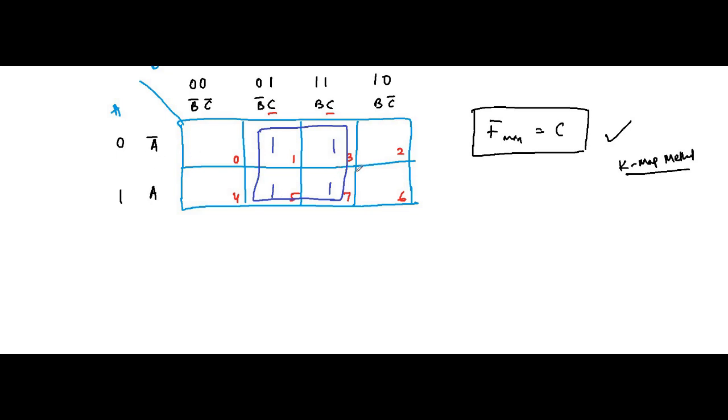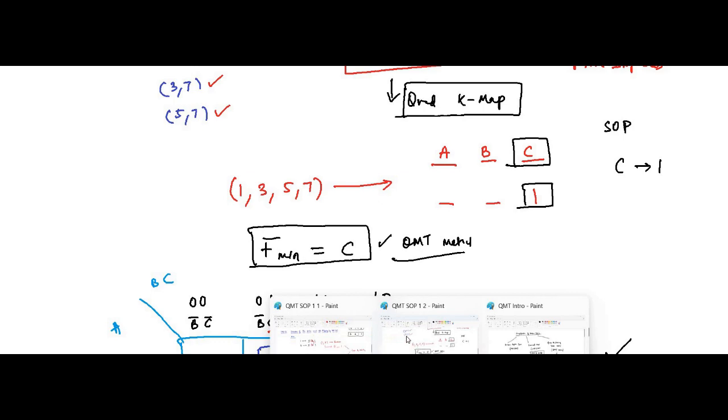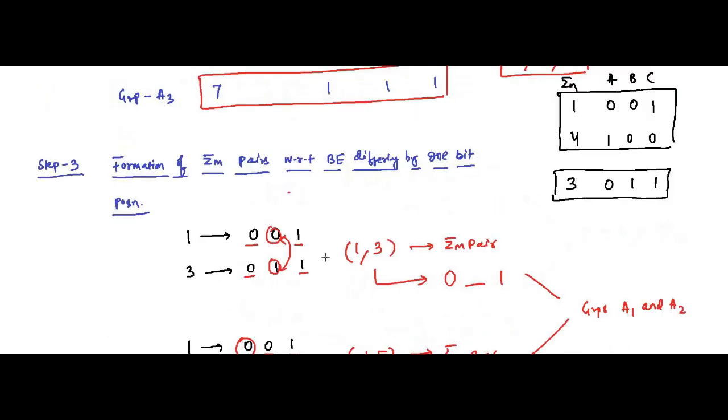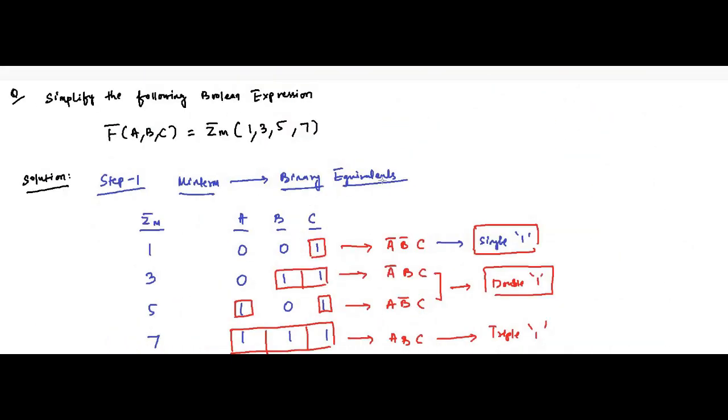So you would ask, why go through this unnecessary hassle of the QMT method? See, the purpose of making this video was to make you understand the different steps that are involved in the QMT table method. I will never advise you to solve a 3 variable, 4 variable, even a 5 variable Boolean expression using the QMT method. It is never used for that purpose.